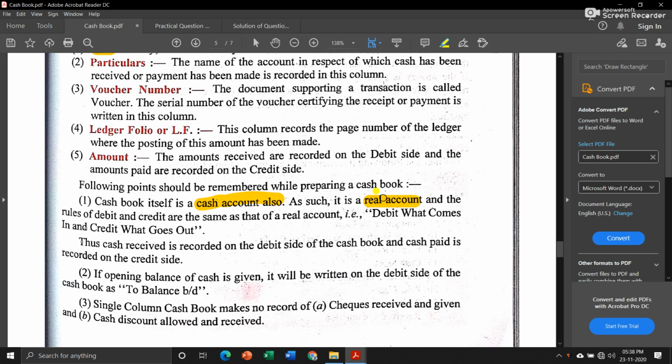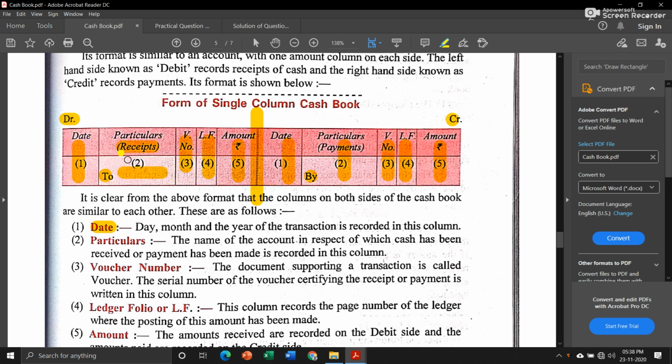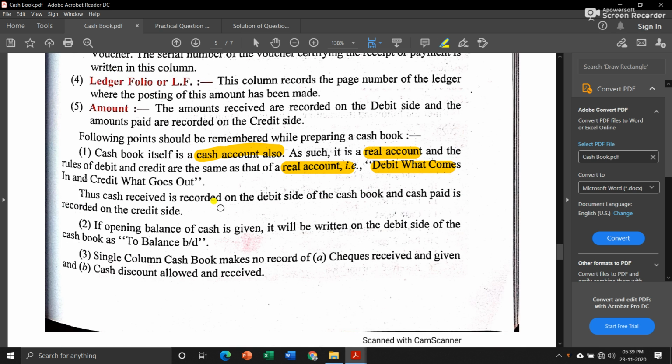As such, we know that the cash account is also a real account, so we will record on the debit and credit side following the rule for a real account, that is debit what comes in. Debit what comes in means receipts, what cash is coming inside the business, so we will record it on the debit side, and credit what goes out. That means while paying cash, it is going out from our business, so we will record it on the credit side.